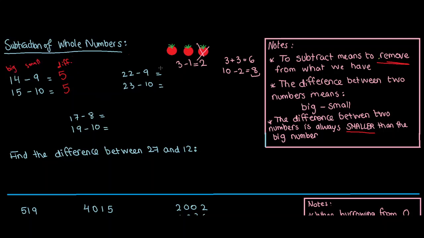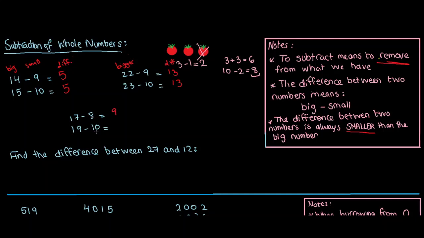Let's have another example here. 22 minus 9 is 13. Likewise, 23 minus 10 is also 13. As you can see here, the difference, again 13, is smaller than the bigger number, which is 22 and 23 in these cases. One last example is 17 minus 8. That's equal to 9.